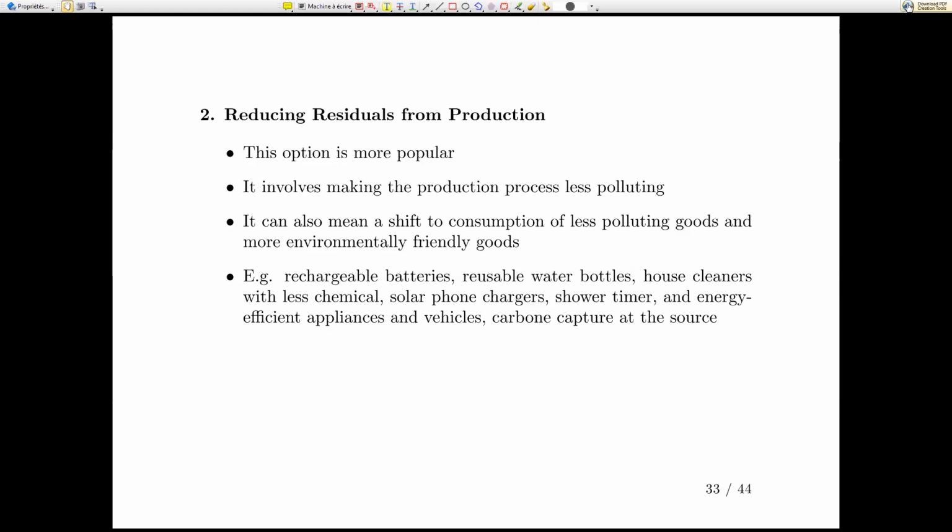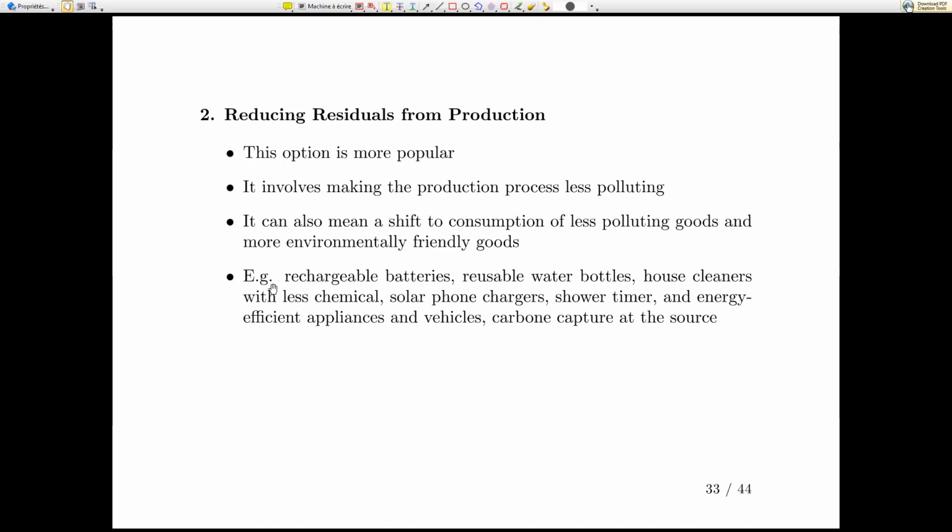It can mean a shift in consumption to less polluting and more environmentally friendly goods. I'm not saying that we should consume exactly the same, but you may receive the same amount of utility or happiness from your goods, but these goods were produced using less pollution than other goods, for instance.